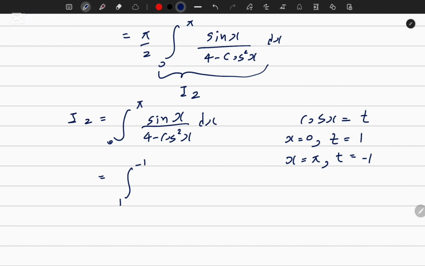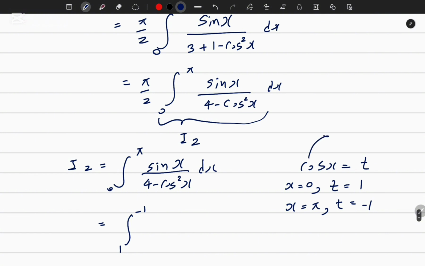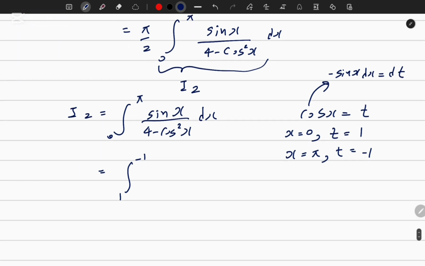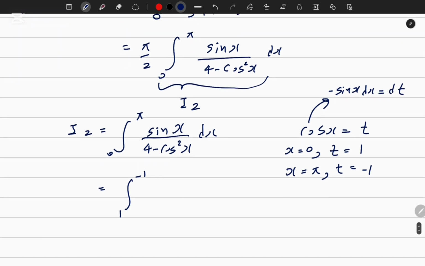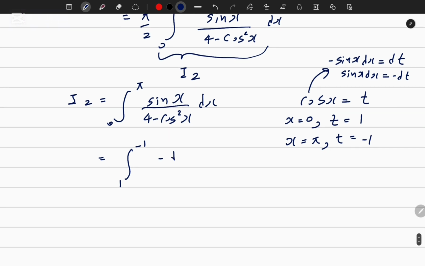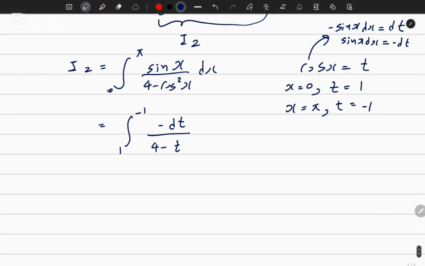Okay, so now I will differentiate both sides. So minus sin x dx is equal to dt. So here I can say that sin x dx is minus dt. So I can write here sin x dx is minus dt over 4 minus cos square x, which is t square, right?